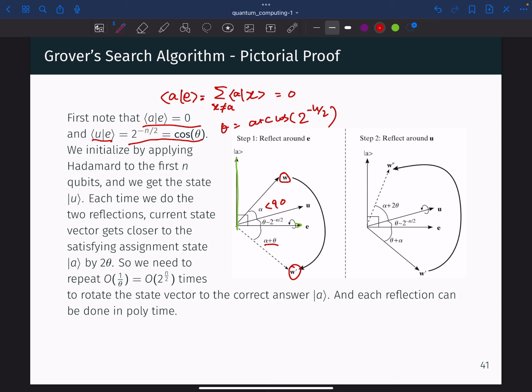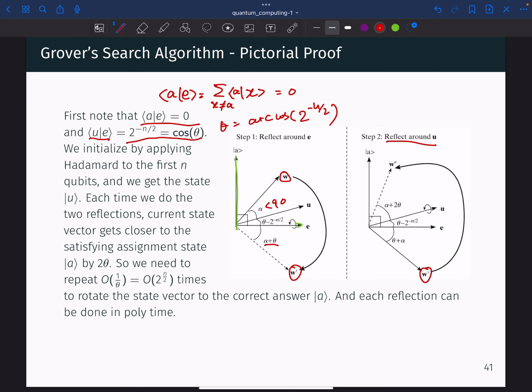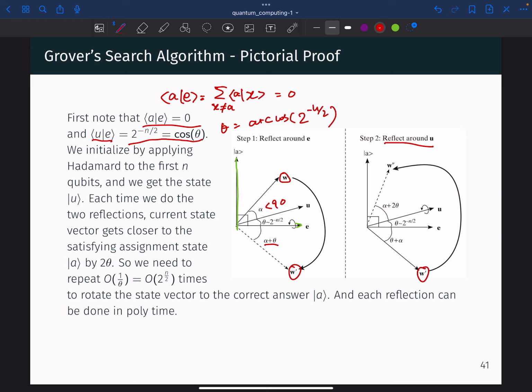And then you do a second reflection. Right? You do a second reflection, and this time you actually get closer to A. Why? Suppose you're starting with the double prime, and doing reflection around U, you will get double prime prime. If you calculate, this angle is alpha plus 2 theta, which means the new vector's angle between double prime prime and U will be alpha plus 2 theta.